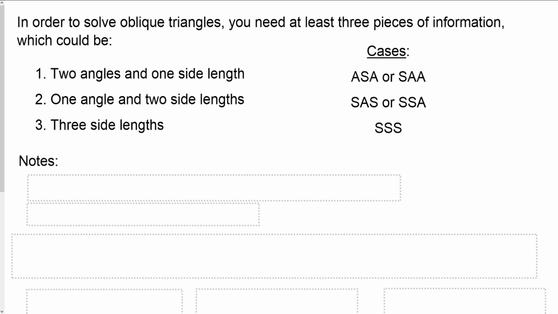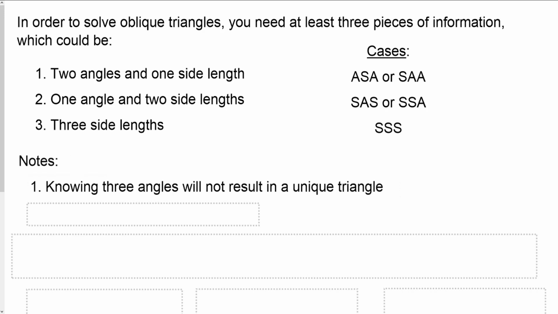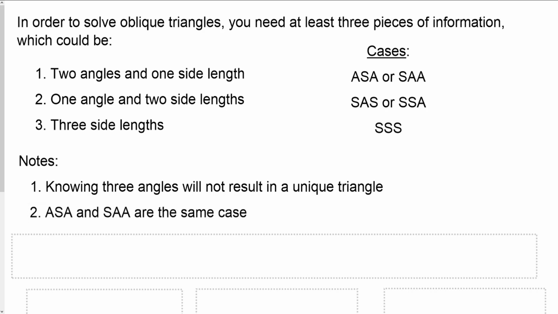But one thing to note is that knowing three angles will not result in a unique triangle. There's no way you could solve that. You'd have to know at least one side length. And also, technically speaking, angle side angle and side angle angle are the exact same case. So if you know two angles and a side, then that's the same case regardless.